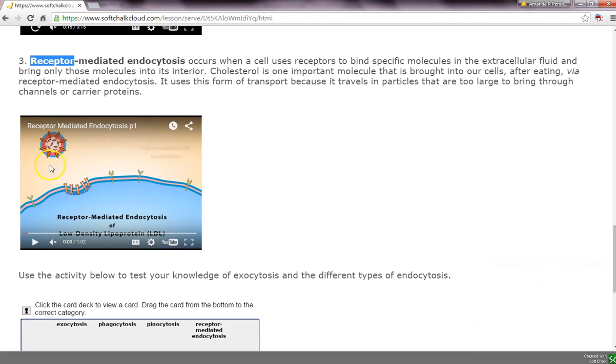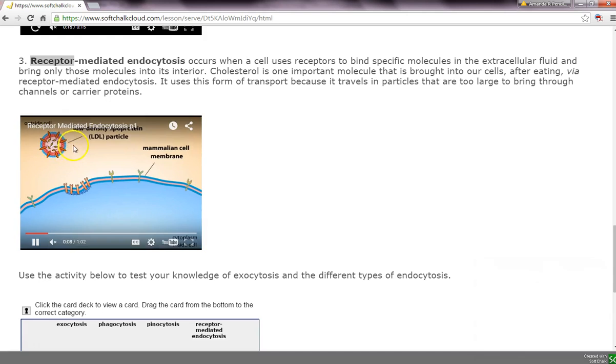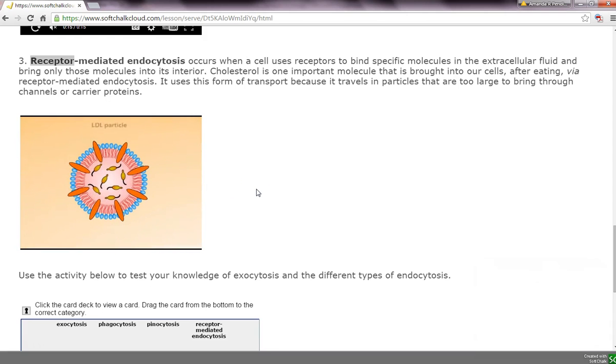This is outside the cell, this is inside the cell, and these are the receptors. They're going to lock onto and bind, in this case, a low-density lipoprotein particle. This is how you bring different lipids into the cell.